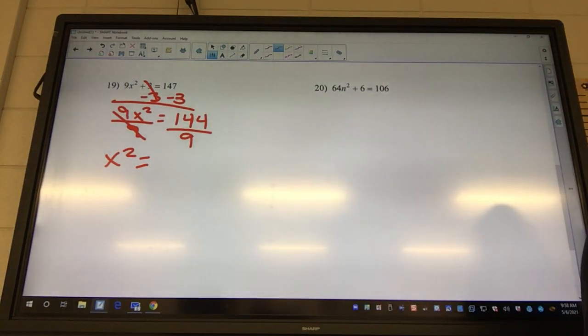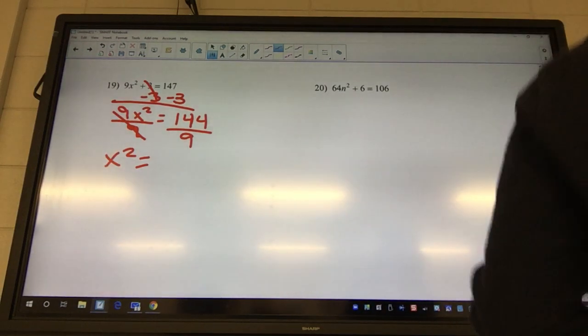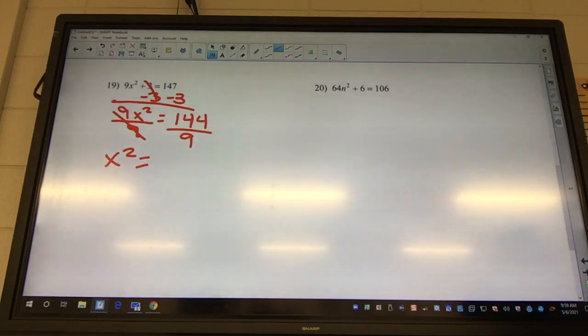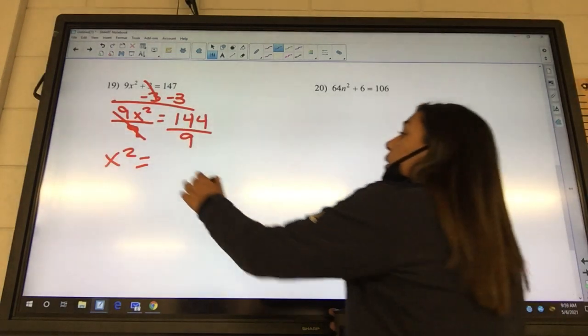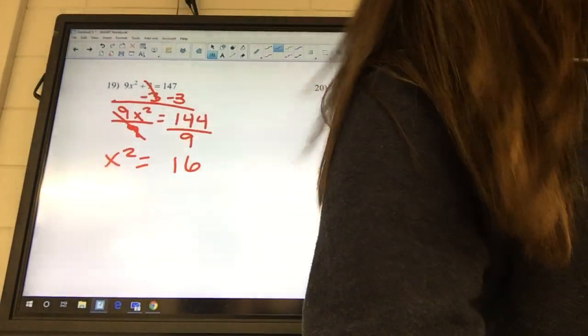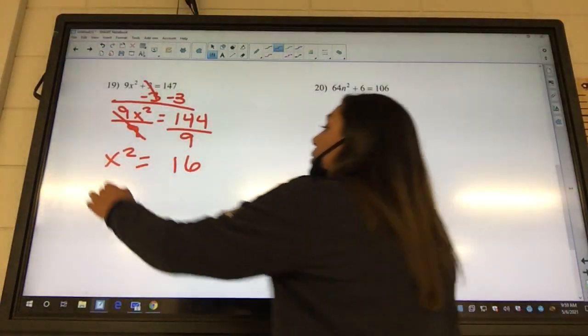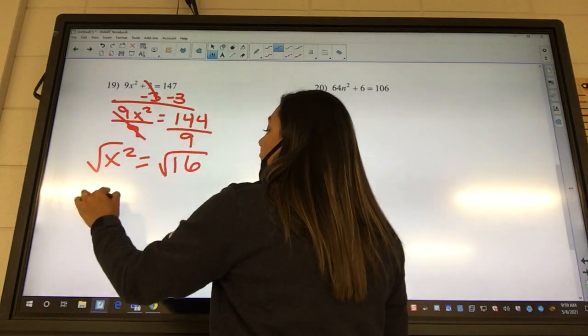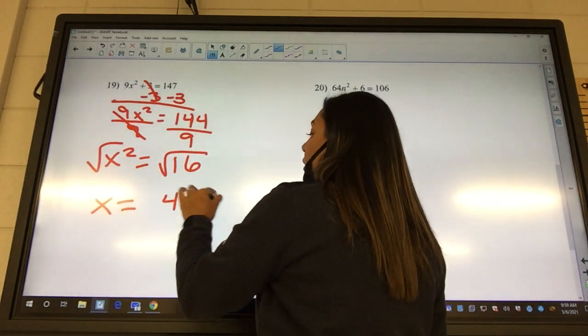I would check the fraction and see if it simplifies. 144 over 9? 16. You just say 144 divided by 9. If you get a whole number, then it probably is going to work. So square root. X equals 4, negative 4.